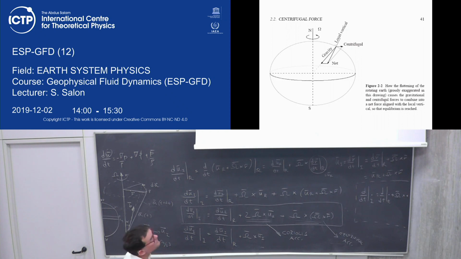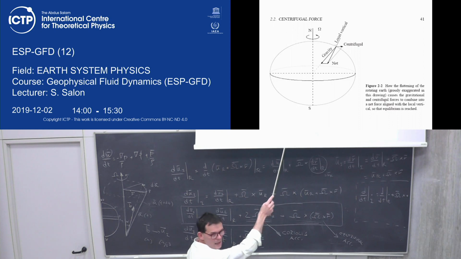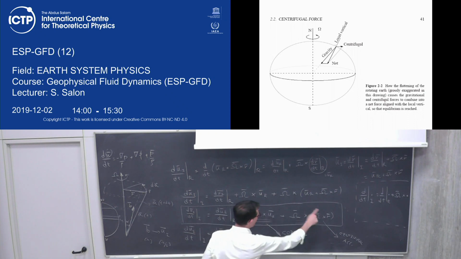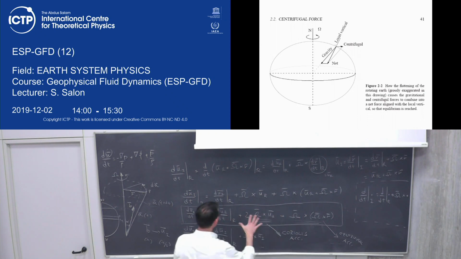acceleration is due to the fact that we have, let's say, mass which is rotating, and to the simple fact that they are rotating, there is an outward pull. If you want to know the direction, let's look at direction.